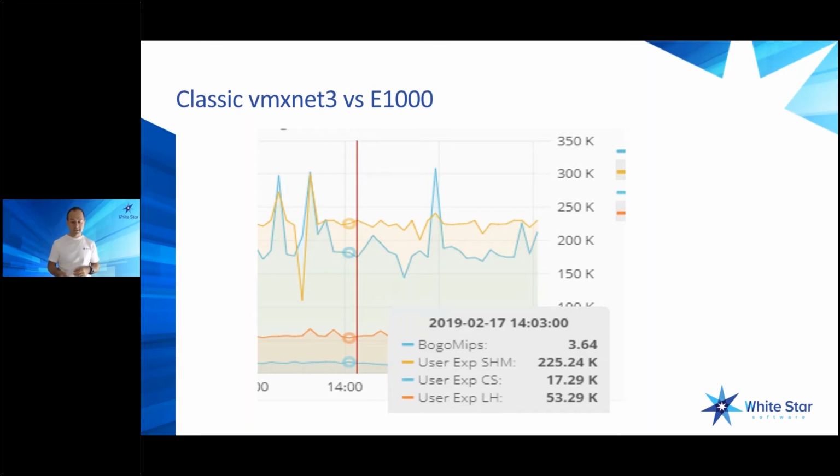Here you can see a machine that's, again, 3.6 is just okay, but it can do 225,000 reads per second in shared memory and only 17,000 reads per second in client server. So really a classic thing. We just swapped out the NIC from E1000 to VMXNET3, and then the numbers went up from there. So again, a very telltale signal.